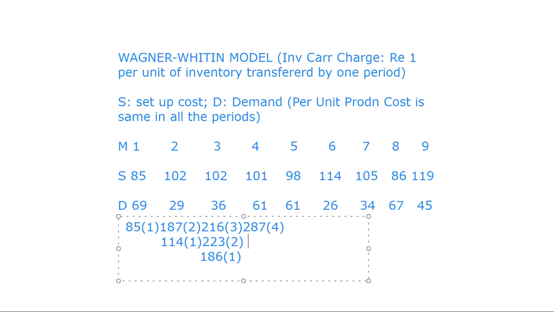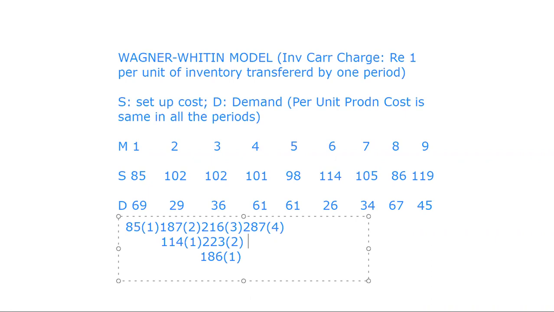Yes, please. Sir, 247. It won't be 247. See, if I produce in period number 3, my cost is 216. Okay, sure. Sorry. So 216 plus 61 for next carrying charge inventory.